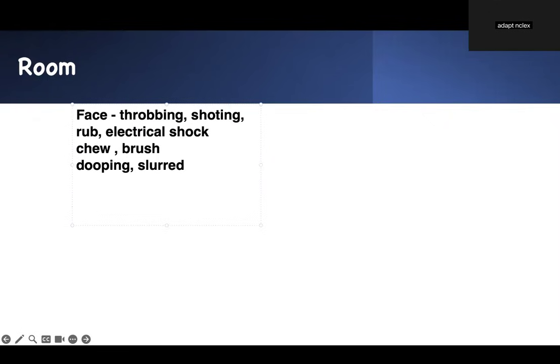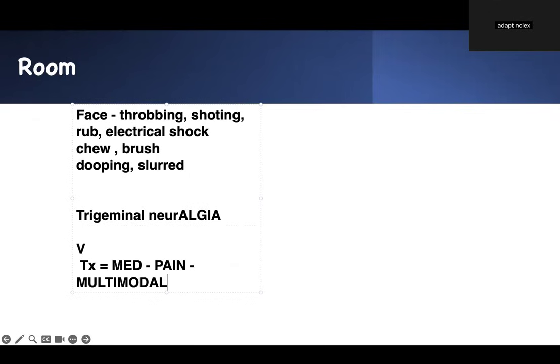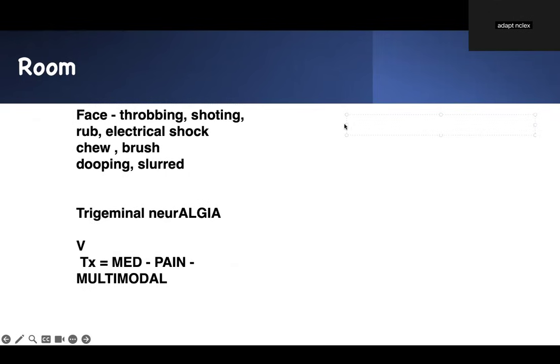This is what? Trigeminal neuralgia. This is trigeminal neuralgia due to cranial nerve 5. Therefore, what would I do? Cranial nerve 5 problem. The treatment is the same thing: medication, pain medication. This is why we call it multimodal. That means you give them anything you can think of.